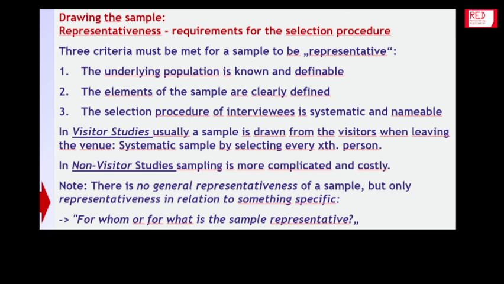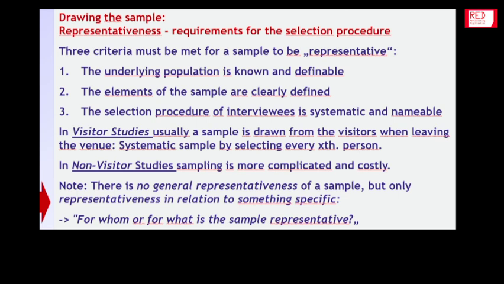To do this, we need to fulfill three different criteria. I will explain them first and then I'll give you examples. First, it's important that the population, or the mass of people where you draw your sample from, that you can know and name this amount of people. This sounds strange, but later I will explain what this means.